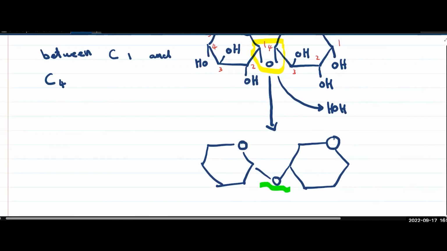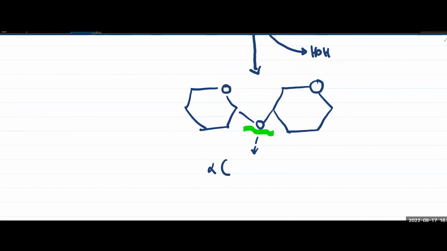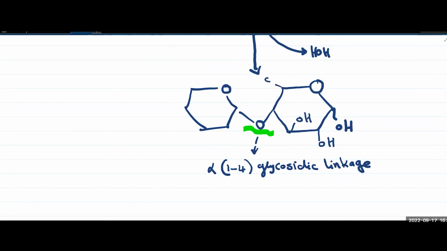This bond is called glycosidic linkage. It's between two alpha sugars, a 1,4 glycosidic linkage. And the other hydroxyl group will stay as it is without any change.